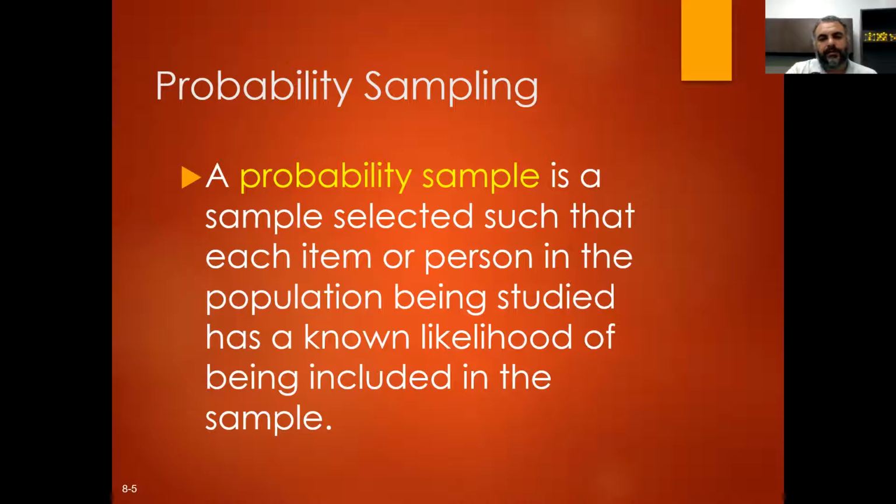So in probability sampling, simply you select an item or a person that has a high likelihood to be represented in the population. The simplest example is that you are on an assembly line and you just pick up one of the products at a very random time.